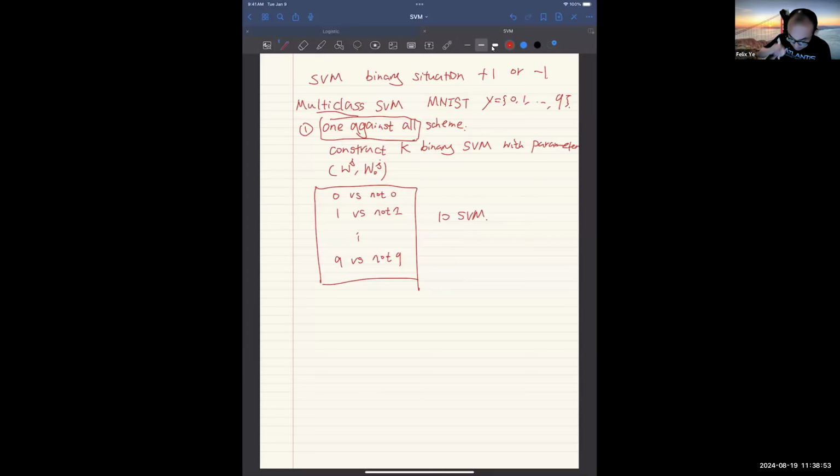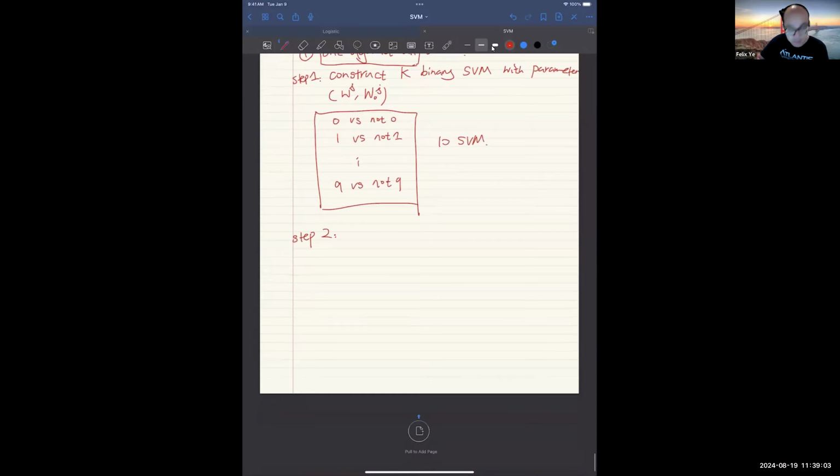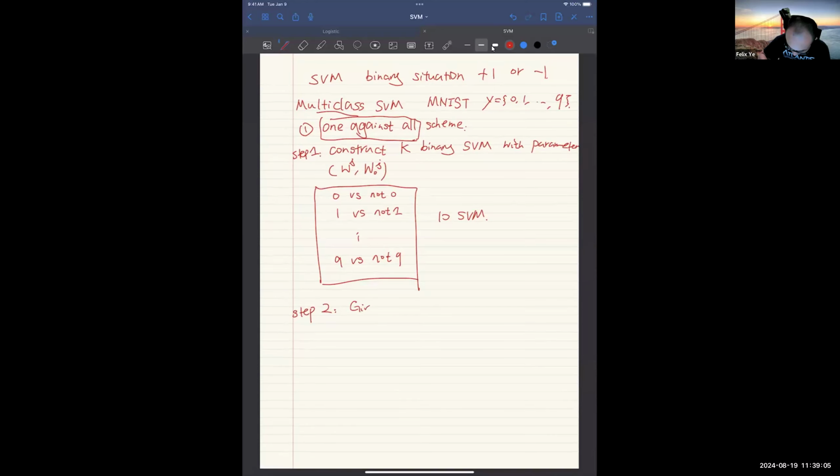Once you train this, that is step 1, the training. Step 2 is, if you are given new data, you make predictions with all these 10 SVMs one by one.